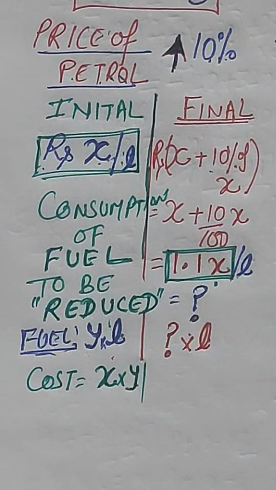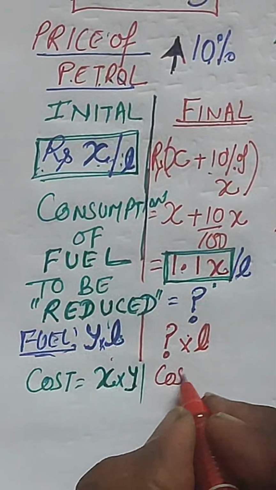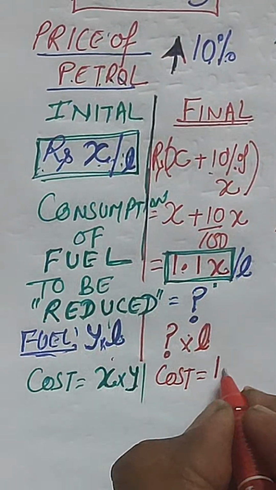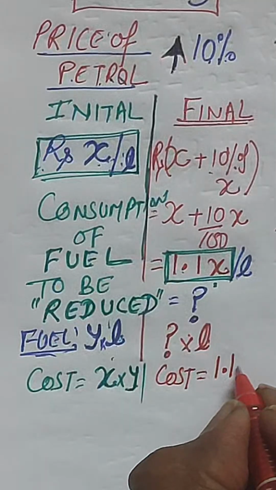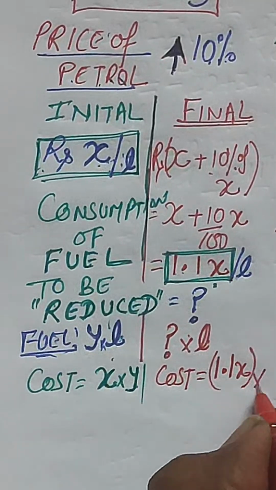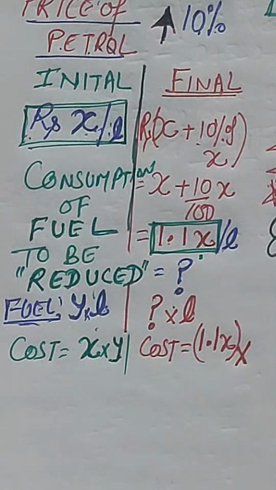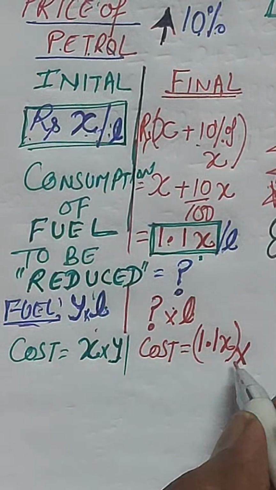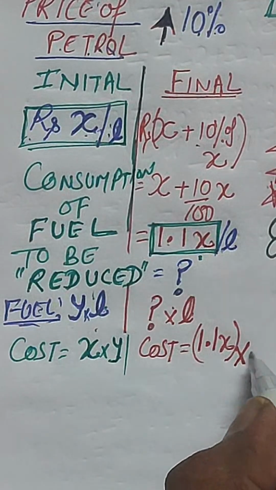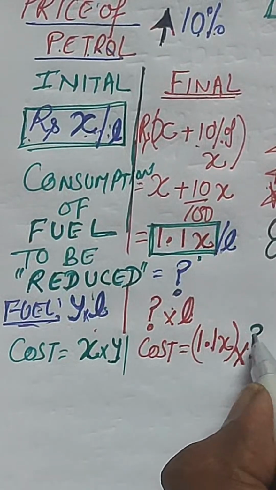Now in the final stage, when the rate is increased, the new cost will be 1.1x, right, multiplied by what? The extra consumption, that means the consumption.